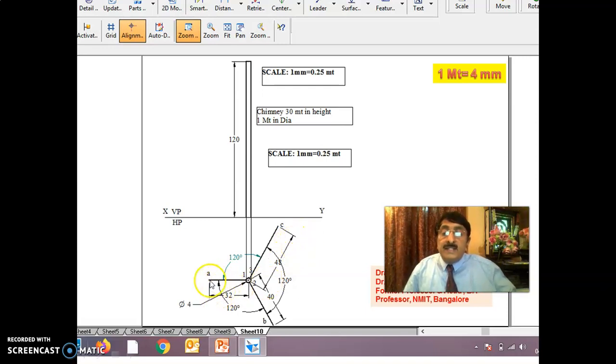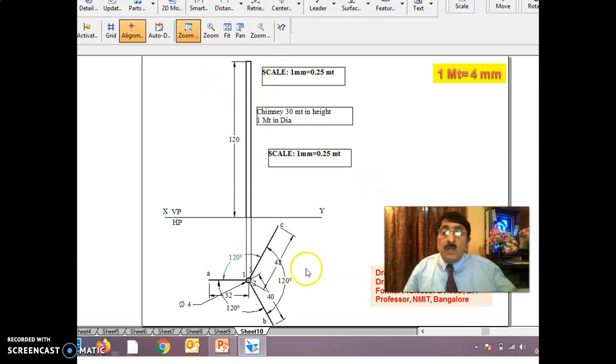That means this is 8 meters, this is 10 meters, this is 12 meters. From the center of the chimney is the consideration.